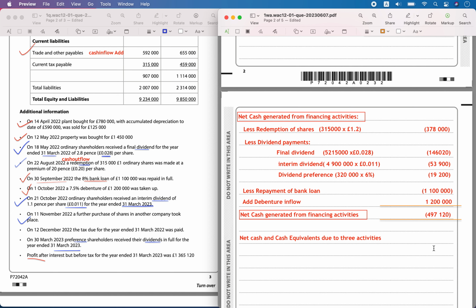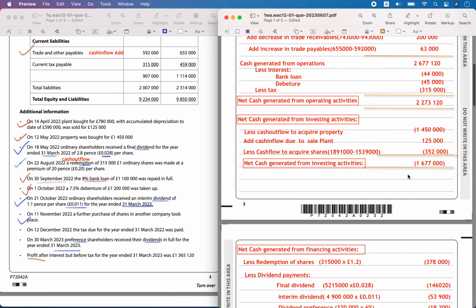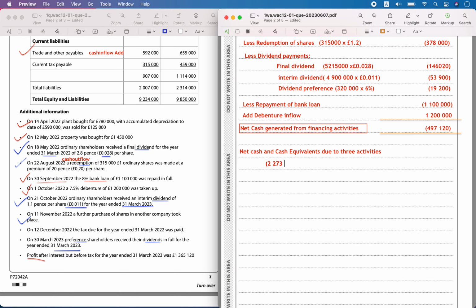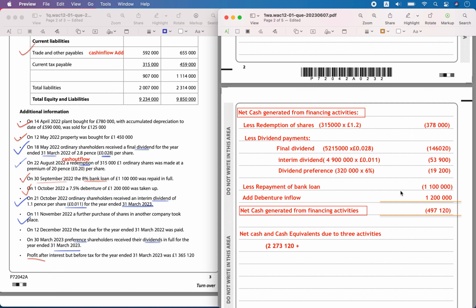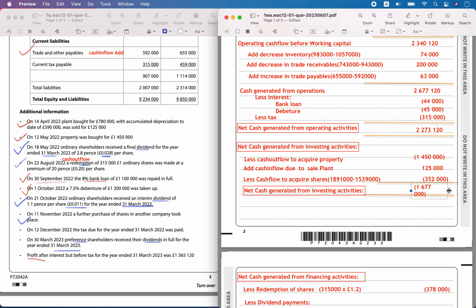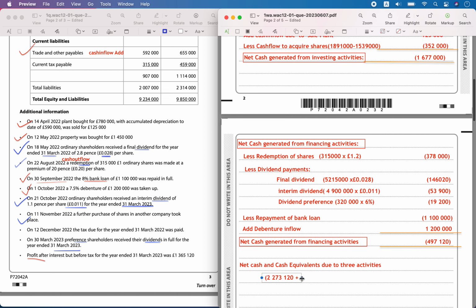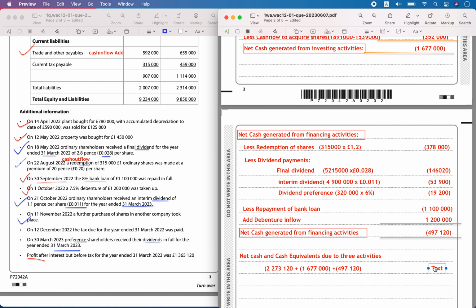You will be left with 99,000 pounds. So you just add up all the three, the 2,273,120 plus the value from the investing activity, minus 1,677,000 and minus 497,120. All the three, you will get 99,000.